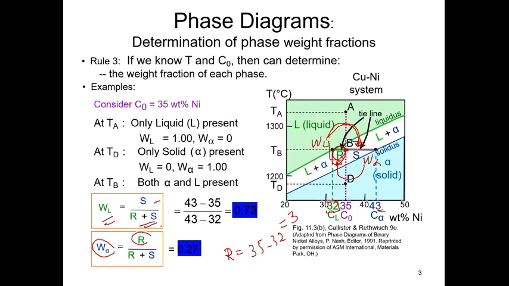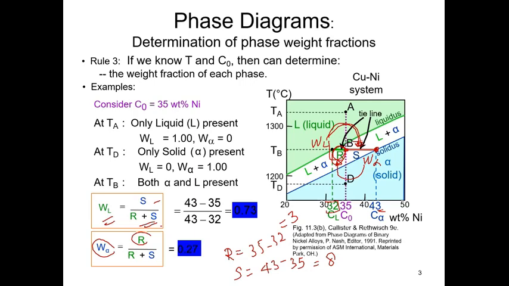While S is the distance between here, the solidus line, and B, which is 43 minus 35. You will get 8. Okay, so you put it into these values.